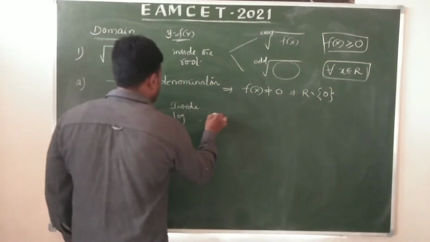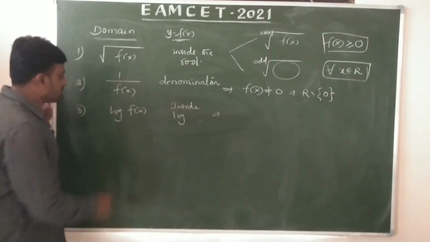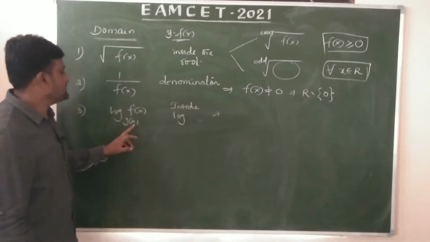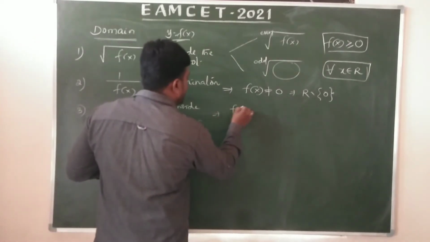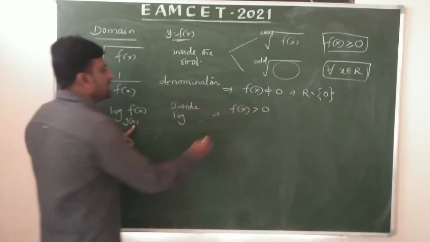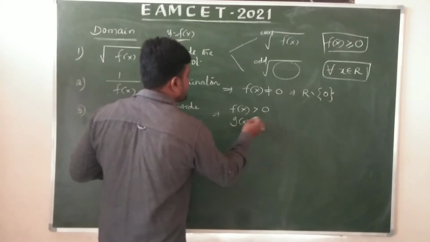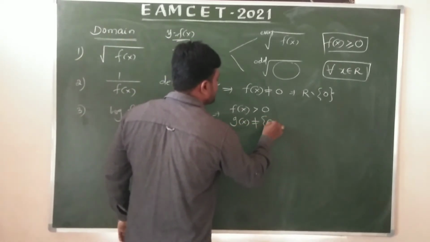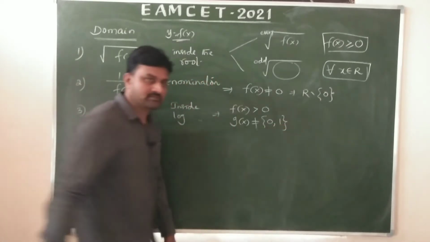Inside the log function, suppose we take the base as a function g of x. Now f of x should be greater than 0, and for g of x, the base is always not equal to 0 and 1.